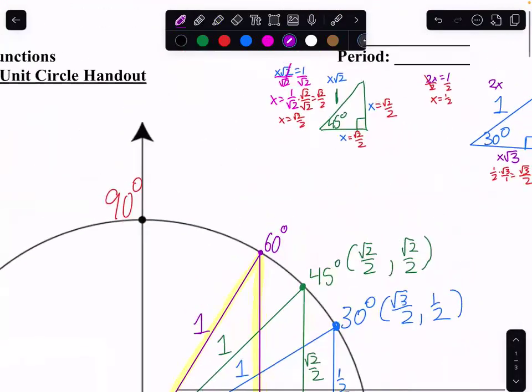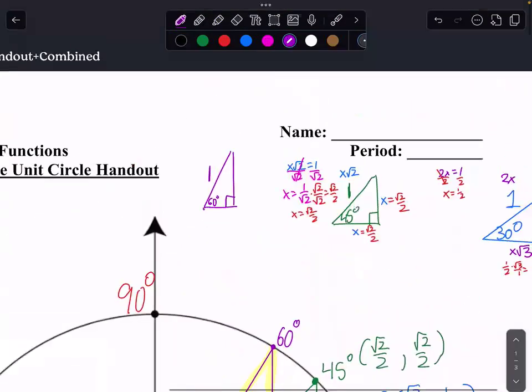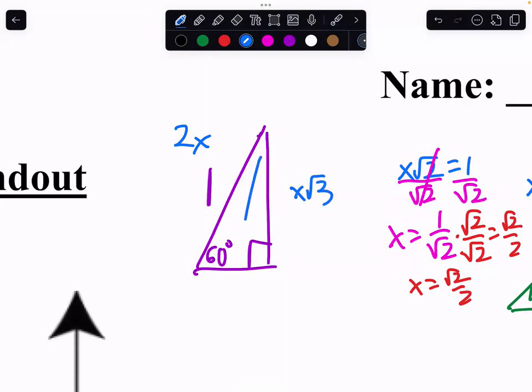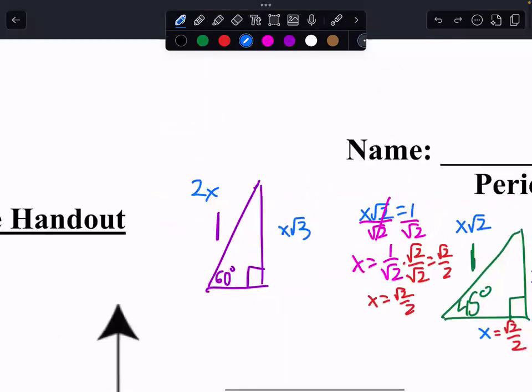Again, let me just redraw it so it's not too crowded. Okay, so we know that for a 30, 60, 90 triangle, opposite the 90 degrees is 2x. Opposite the 60 degrees is x radical 3. Opposite the 30 degrees is just x. Okay, so we've got 2x equals 1. So x will be a half.